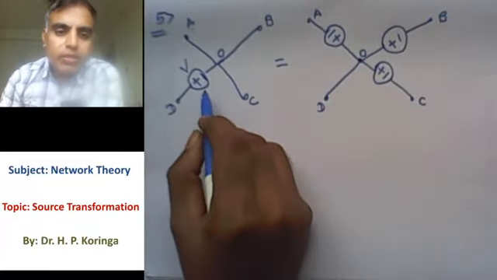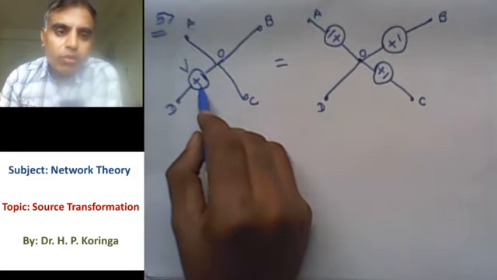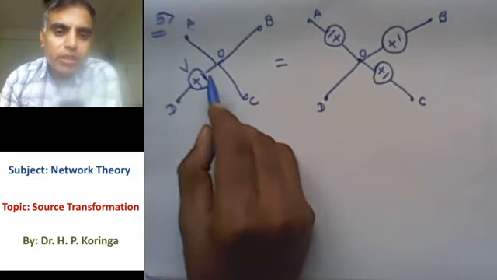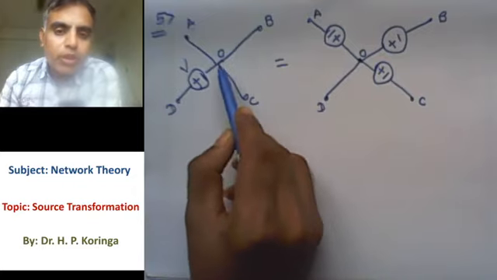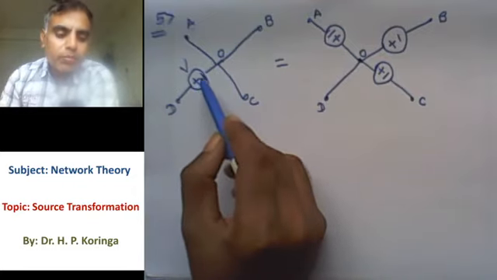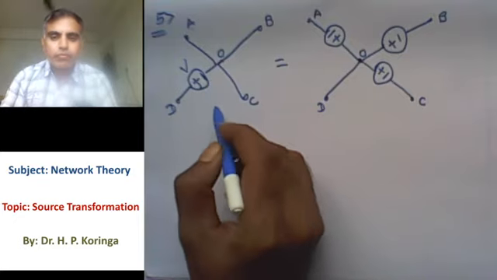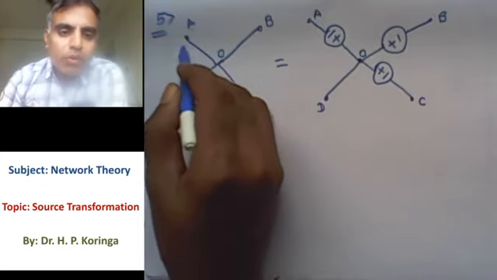We connect the voltage source in opposite polarity in the remaining branches and remove it from the origin branch. Now let me prove how it is equivalent.